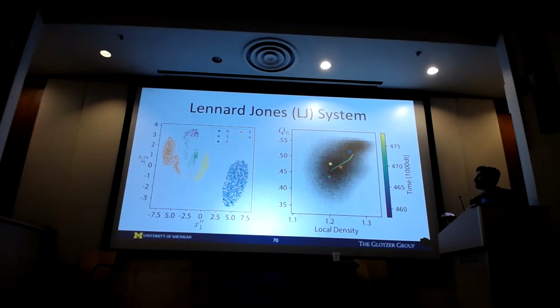The nucleus will have both BCC and HCP environments present, with HCP mostly at the surface, and it will then grow and eventually reach the final crystal condition. Thank you.